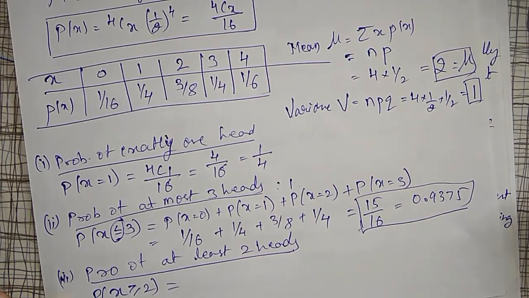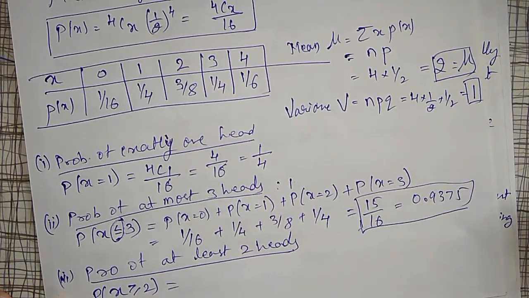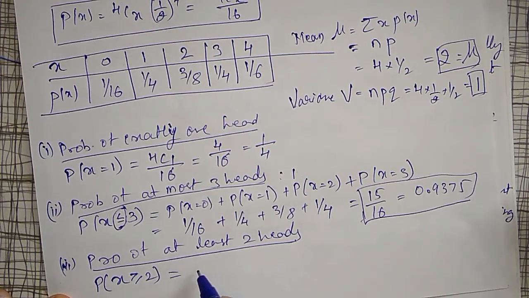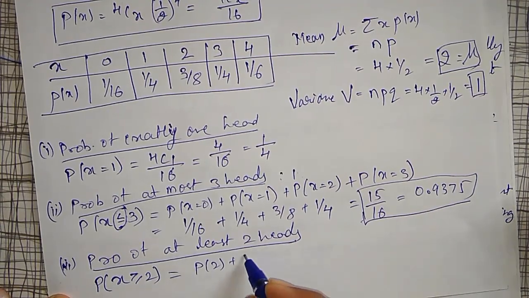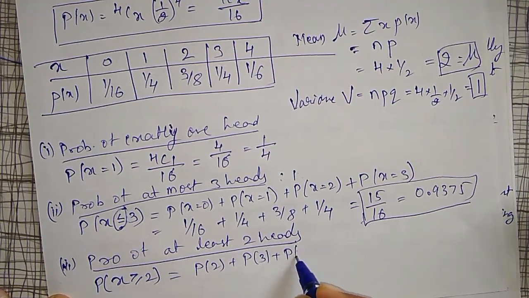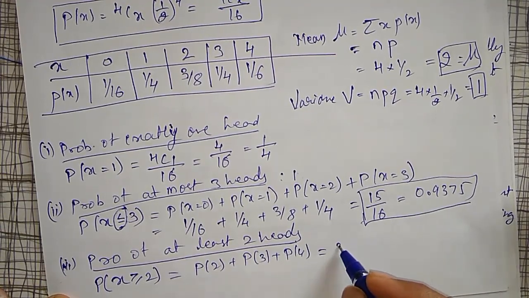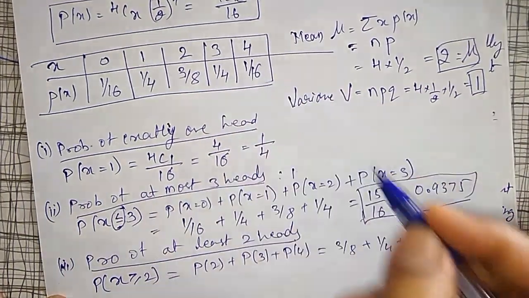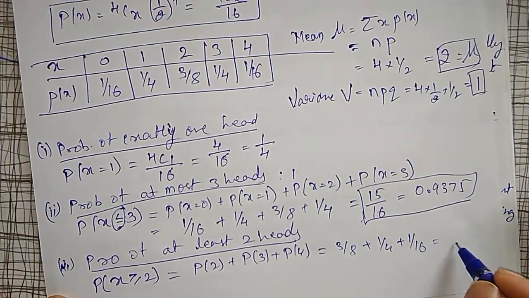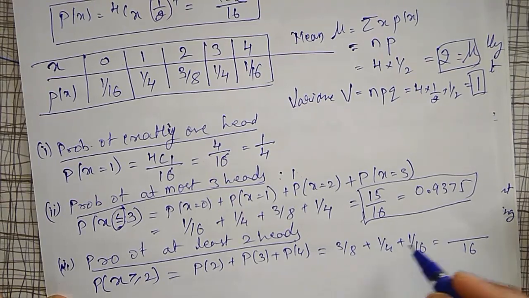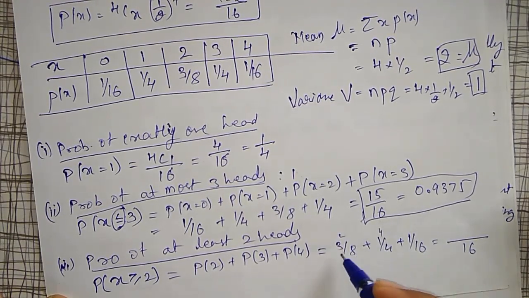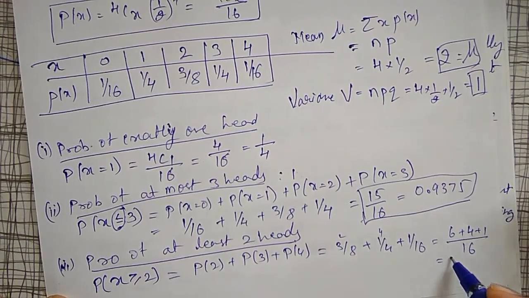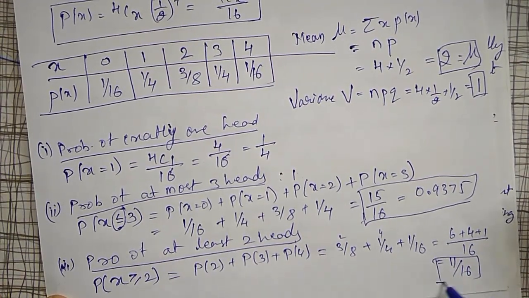Probability of x greater than or equal to 2, at least representation. Therefore, probability of 2 plus probability of 3 plus probability of 4. That is 3 by 8 plus 1 by 4 plus 1 by 16. LCM is 16 here. 8 goes 2 times, so 6, 4 into 1 is 4, therefore 6 plus 4 plus 1. That is 11 by 16 I am going to get.